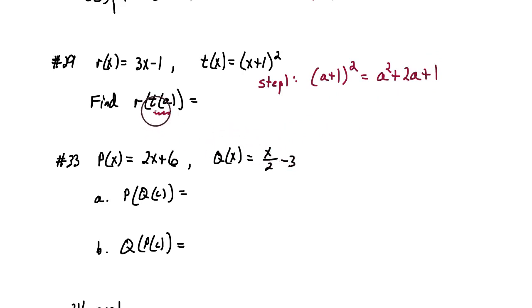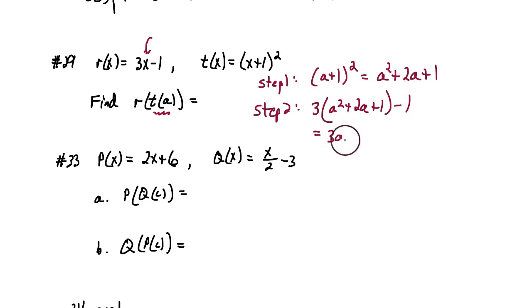Now that we know what t of a is, let's fill it into the variable for rule r. That'll be our step 2. We have 3 times a squared plus 2a plus 1, and then minus 1. And let's simplify this. 3a squared plus 6a, 3 times 1 is 3, but then minus 1 makes plus 2.